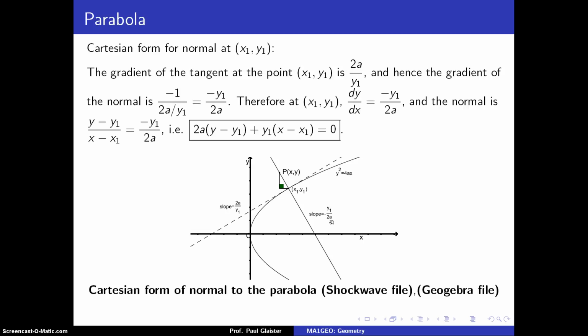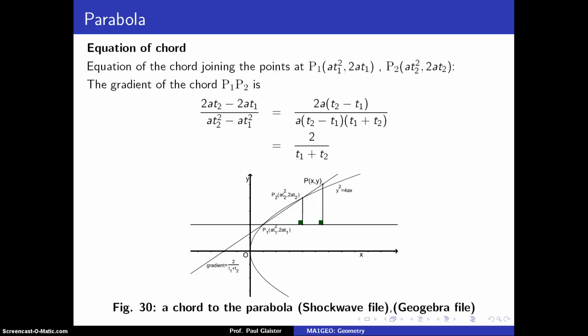And again expressing the fact that from any point P on the normal to the tangency point here, the gradient of the line segment is given by this ratio, then clearly that's minus y1 over 2a, and on rearrangement we get this straight line. And in this case there's no advantage to trying to eliminate y1 in terms of y1 squared equals 4ax1, as we did for the tangent.